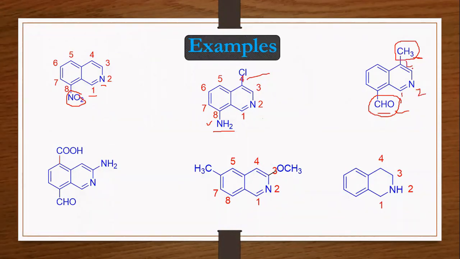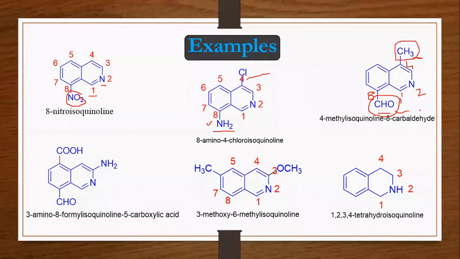Here it is 4. And here for CHO, it becomes the 8th position. As it is a functional group of higher priority, it is incorporated as a suffix in the name of this heterocycle. The IUPAC name of this molecule is 4-methylisoquinoline-8-carbaldehyde.